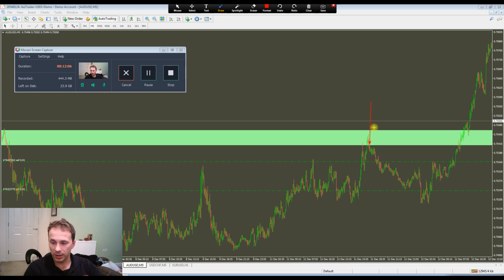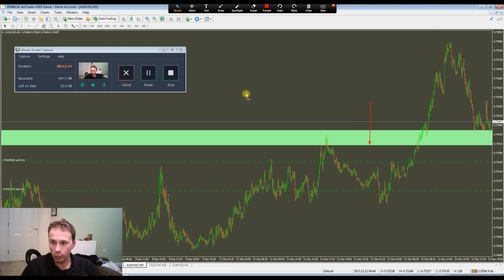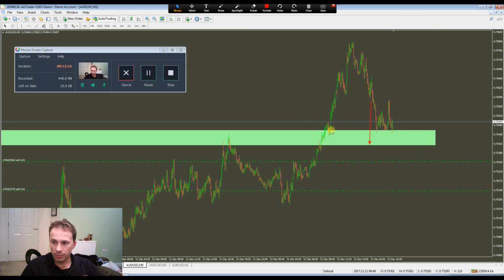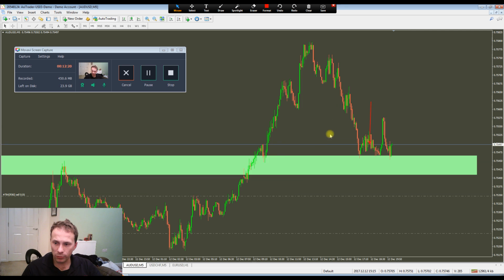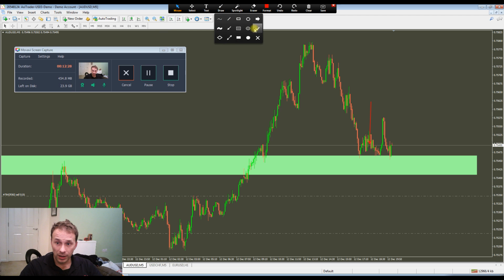Price came up, bounced off it, and then again the price broke that area there. You see how it broke it, then sort of bounced off it. Price broke above that zone and then bounced off it. Again, that would have been a nice trade there.